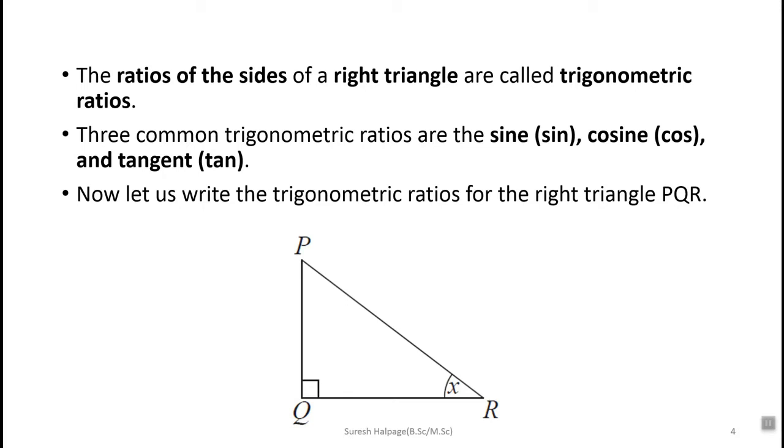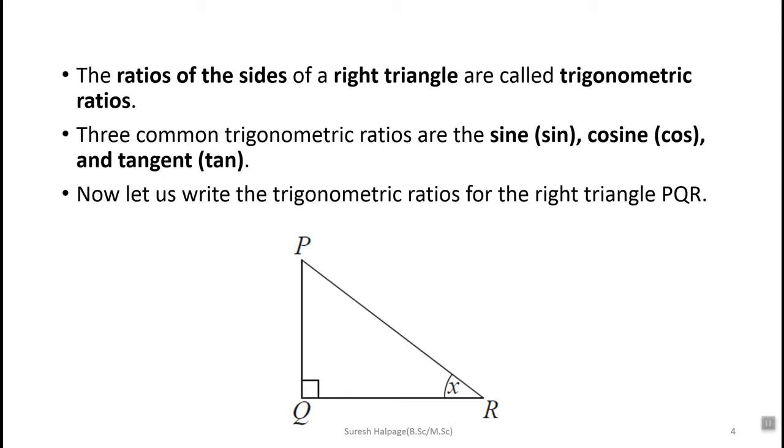The ratios of the sides of a right triangle are called trigonometric ratios. Three common trigonometric ratios are the sine, cosine and tangent.